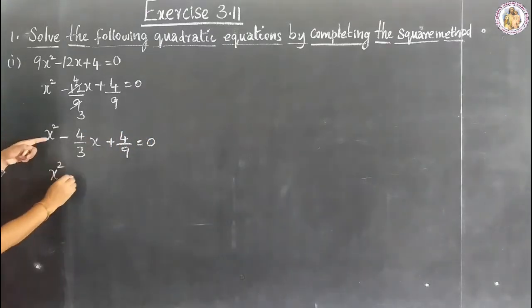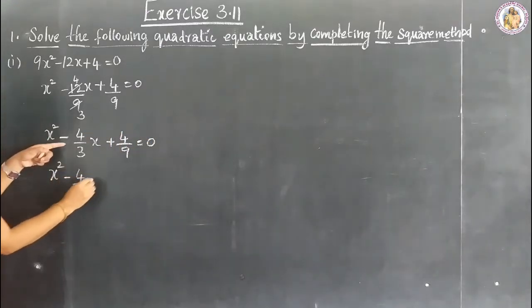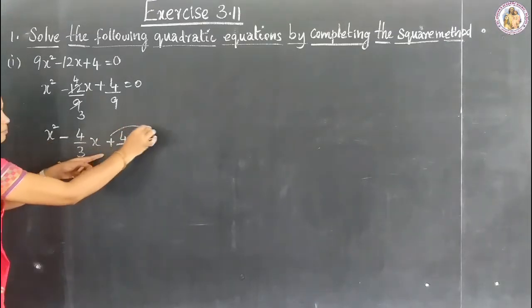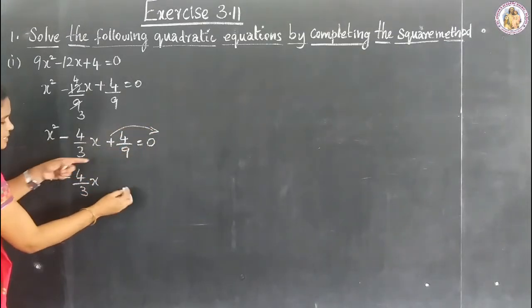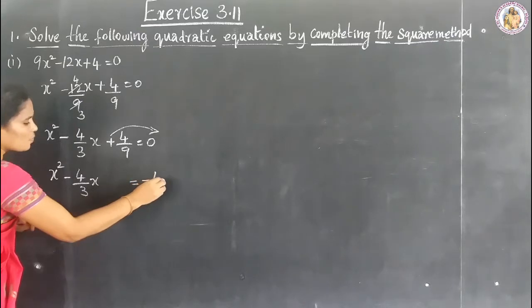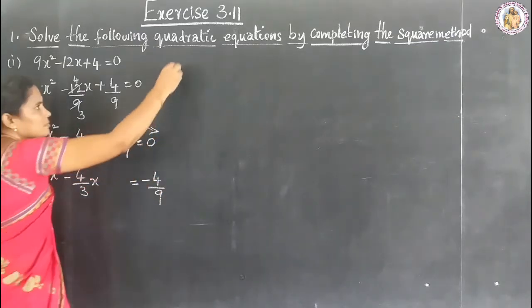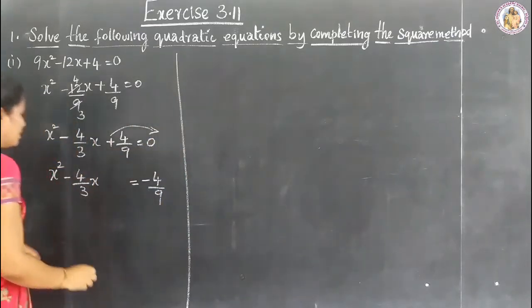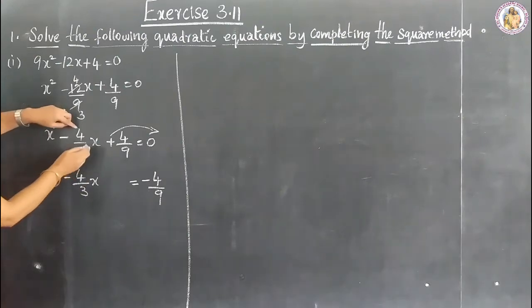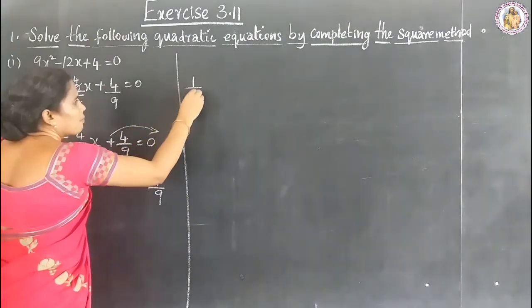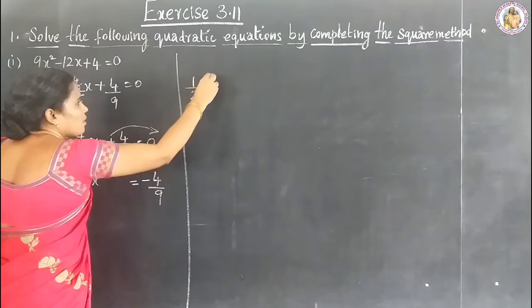So x square minus 4 by 3 x plus 4 by 9, while it moves to the right side, it becomes minus 4 by 9. Now multiply 1 by 2 with the coefficient of x.